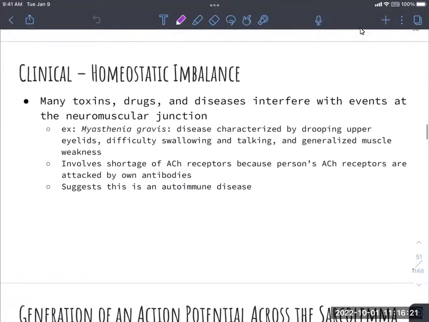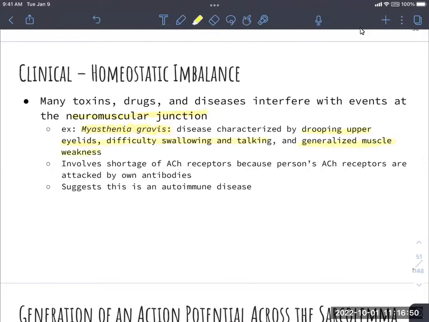But what happens if something goes wrong in that whole process? There are different toxins, different drugs or diseases that can affect that whole neuromuscular junction. If you've ever heard of myasthenia gravis, people have drooping eyelids, difficulty swallowing and talking. They have a lot of general muscle weakness.